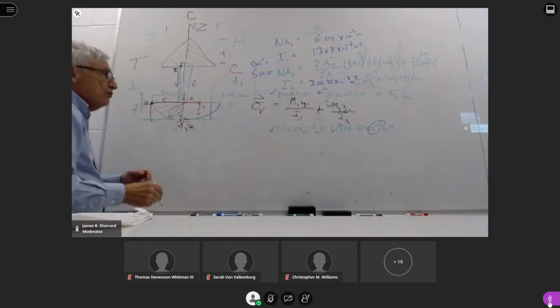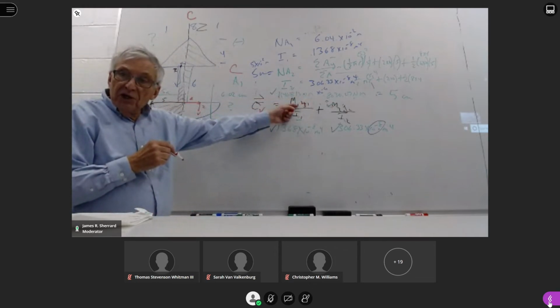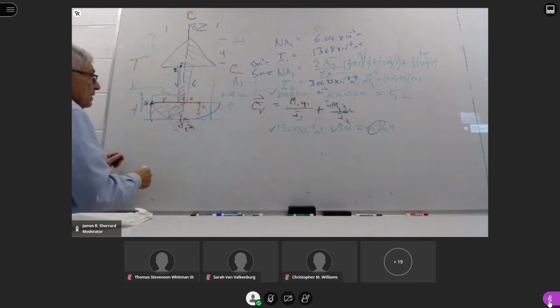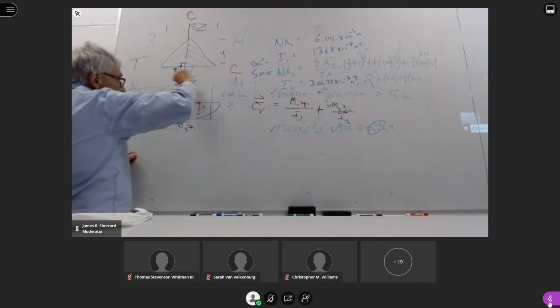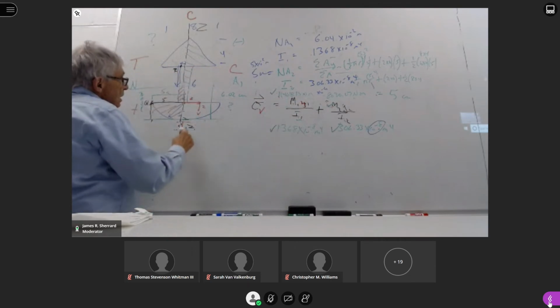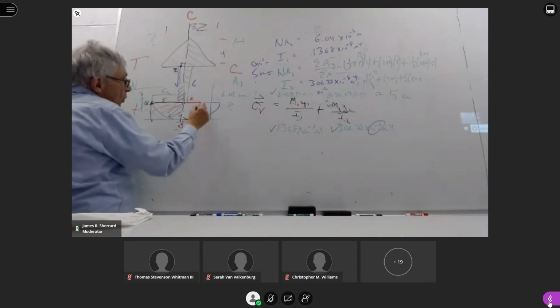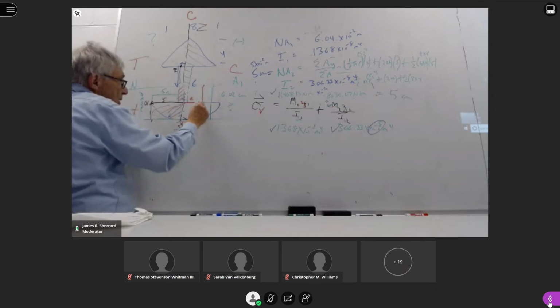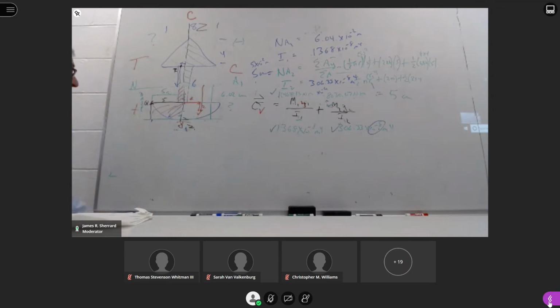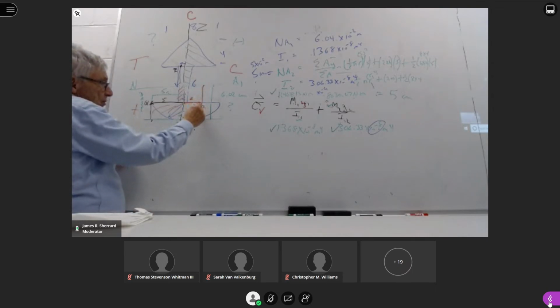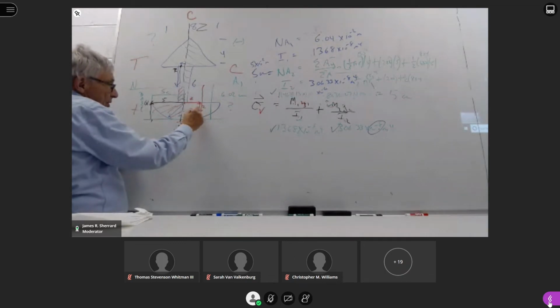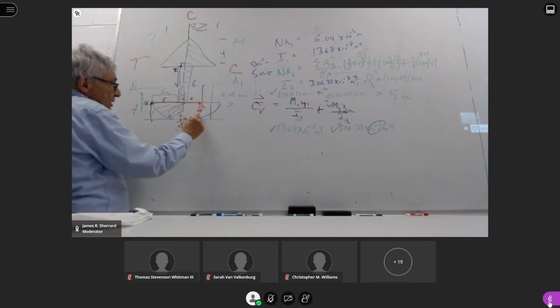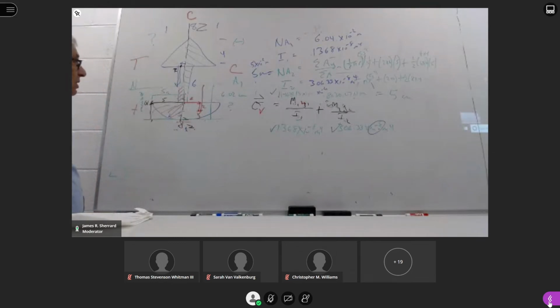Y1 is the distance from the neutral axis in this orientation to the point of interest. Okay, that's this neutral axis. So we're looking for the distance from the neutral axis to that point. If this is 2 centimeters down, this is 5, this is 3 centimeters up.